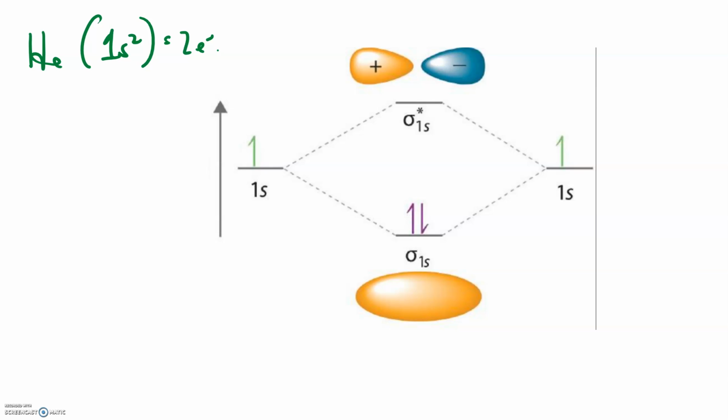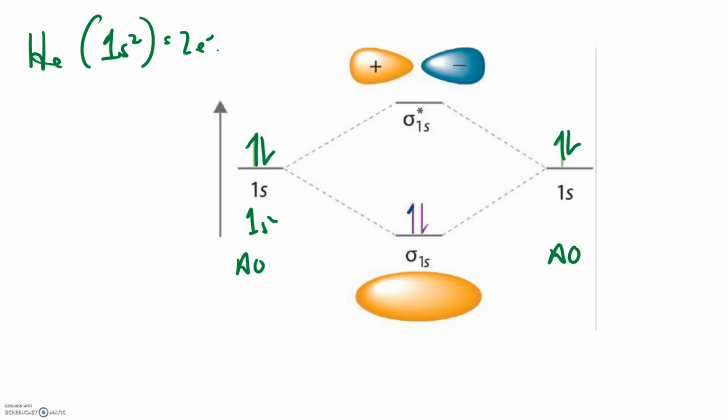Well, let's do this. We know that each helium has got 2 electrons, right? 1s2, these are the atomic orbitals. That means there's a total of 4 electrons that we have to stash. And 1s orbitals can only hold 2. So where are they going to go?